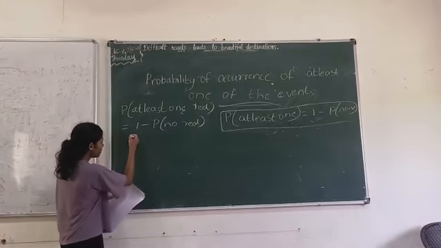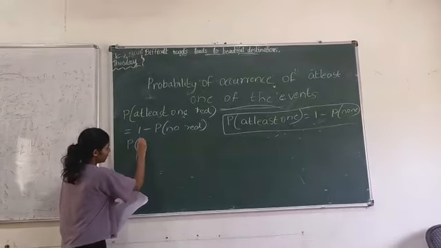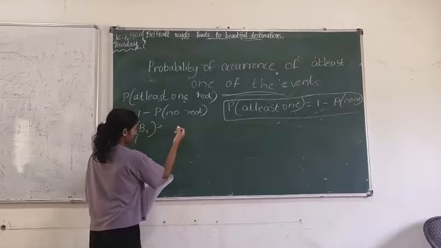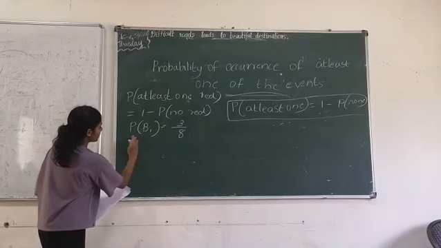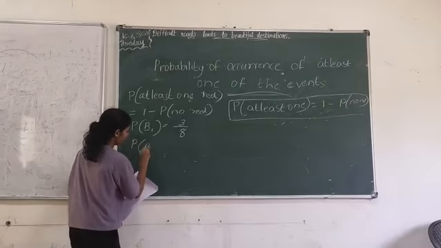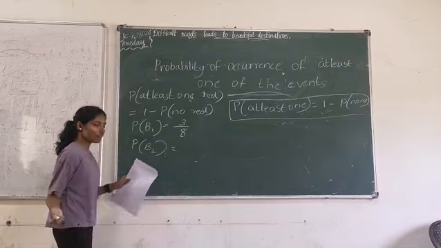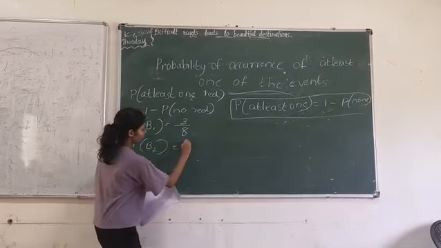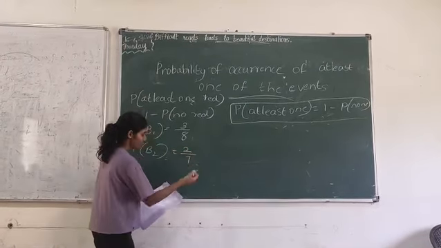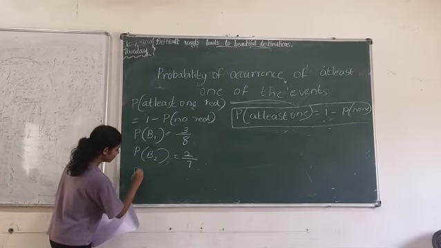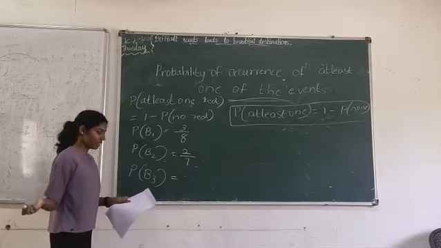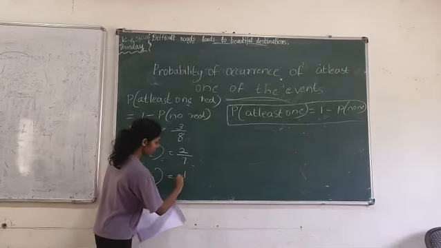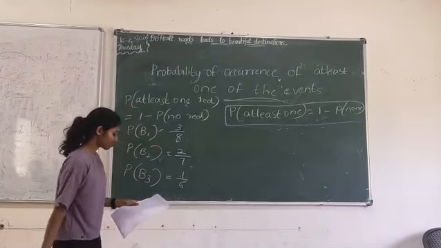So in the first draw, probability will be 3 by 8. And in the second draw, here no replacement is there, so probability will be 2 by 7. And in the third draw, again no replacement is there, so probability will be 1 by 6.